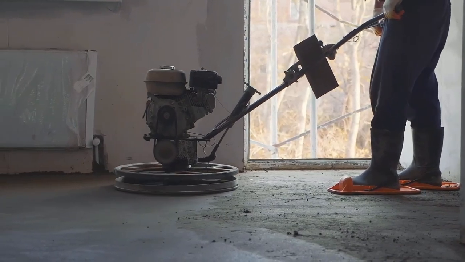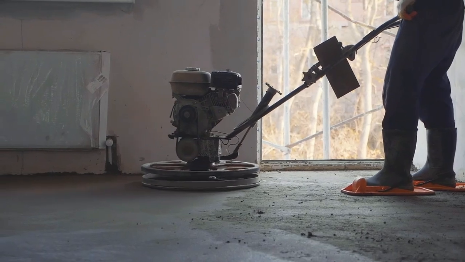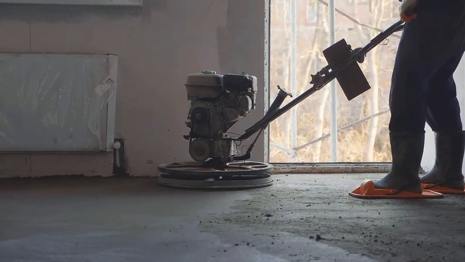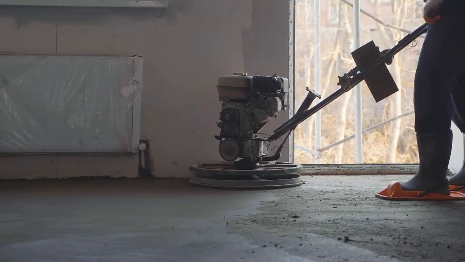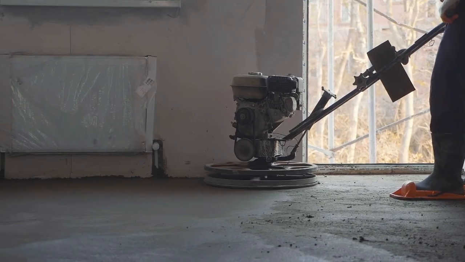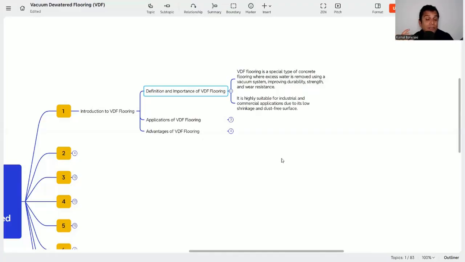Now, you may want to know what is shrinkage: the volume change or volume decrease when the concrete is hardening, or the heat of hydration or the hydration process is taking place. In this shrinkage, we have a lot of issues in the normal concrete. Shrinkage cracks are generated, that is autogenous shrinkage, normal drying shrinkage, plastic shrinkage, whatever it is.